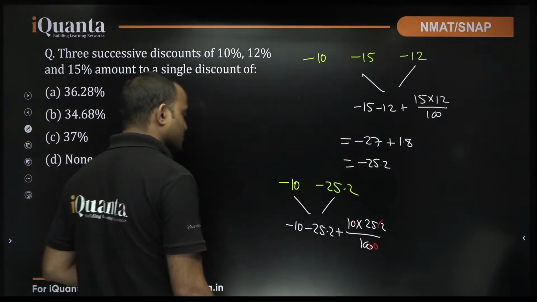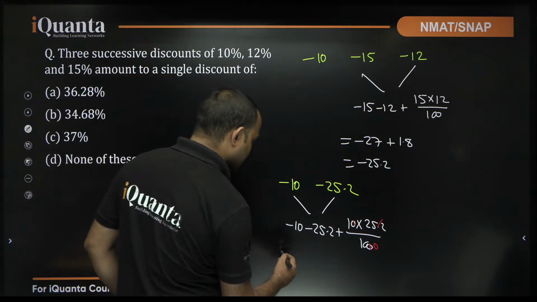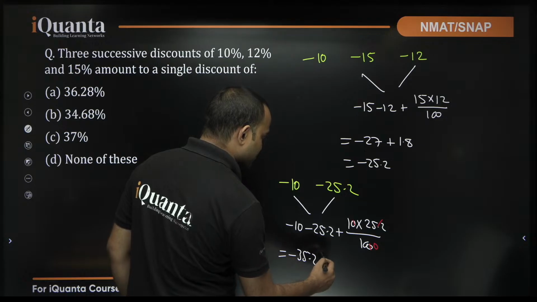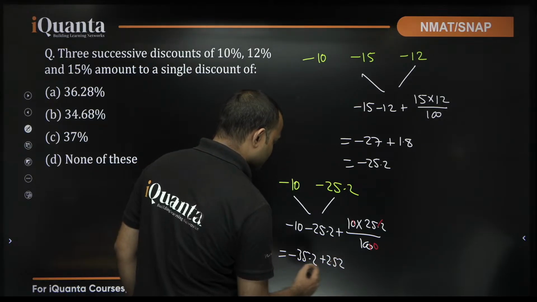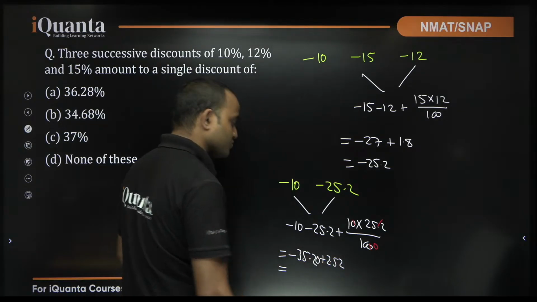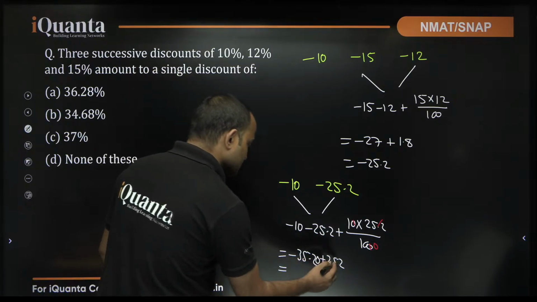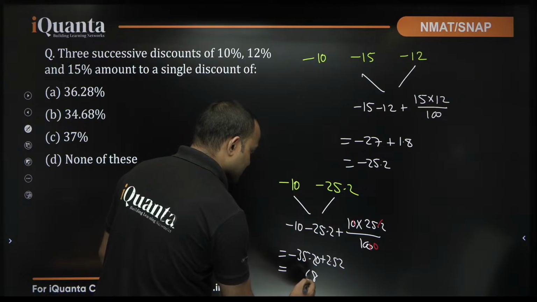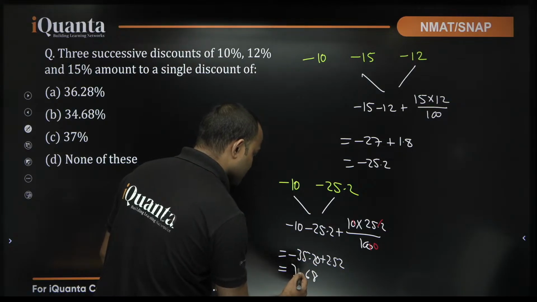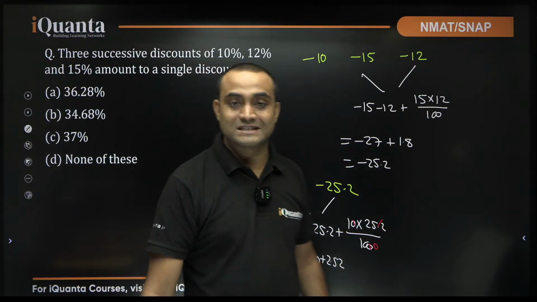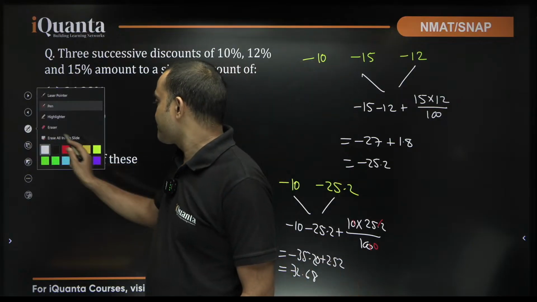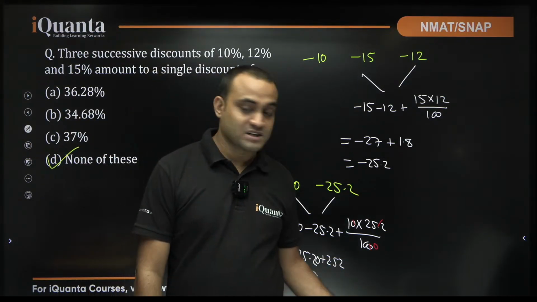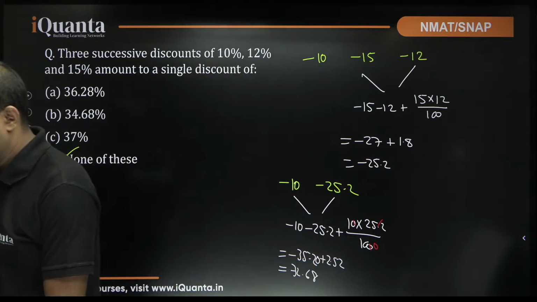So, what we are getting ultimately is minus 35.2 and this will be plus 2.52 and that is equal to, make it 20, it is easier to calculate. 0 minus 2 is 8, then 9 minus 1 minus 5 is 6, 34 minus 2 is 32. So, minus 32.68%. So, answer is none of these. Option B was very close to it, but that's not the correct answer.